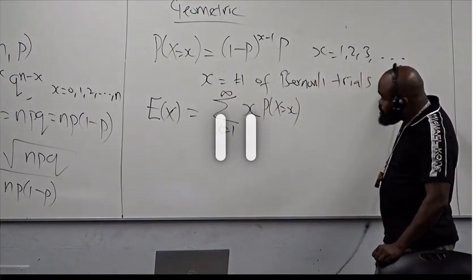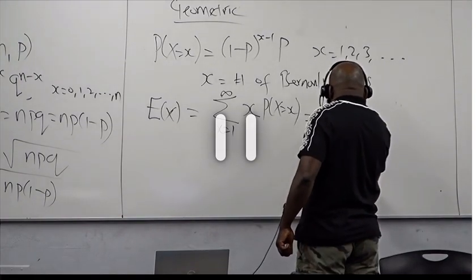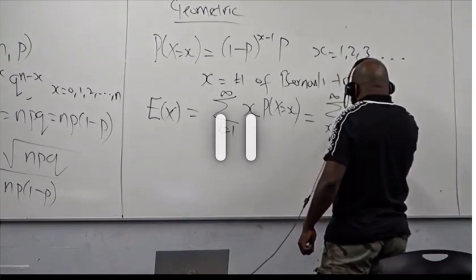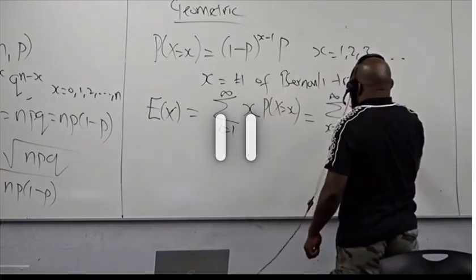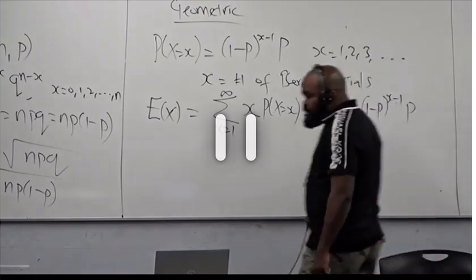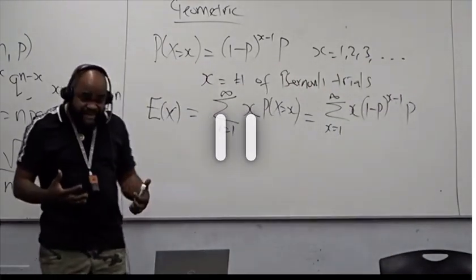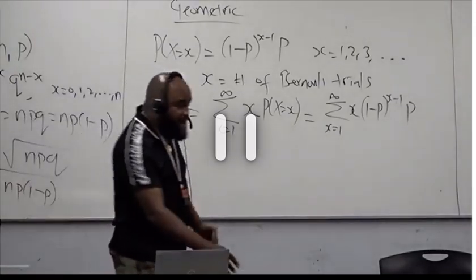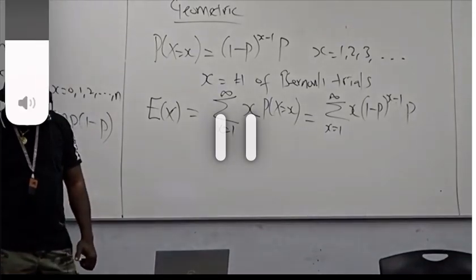So right now, I'm going to have x start from 1 to infinity, x times the probability function for geometric, then I'm going to put (1 minus p) raised to the power x minus 1, times p. Look at what I'm putting now. What am I doing right now? I'm actually deriving the expectation of X for the geometric distribution.